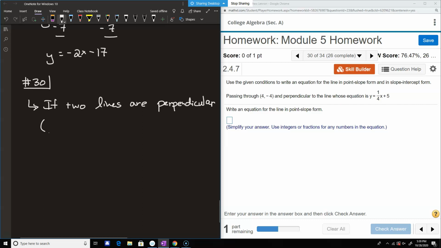Yeah, exactly right. They intersect at a 90-degree angle, or a right angle.